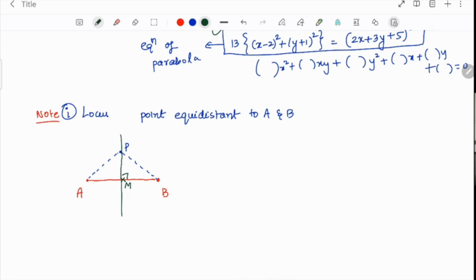All right. I think I am saying this for the fourth or fifth time, which means it is that important. On the perpendicular bisector of AB, if you take any point, distance to A and distance to B will both be the same. Right? That is the locus definition of the perpendicular bisector.